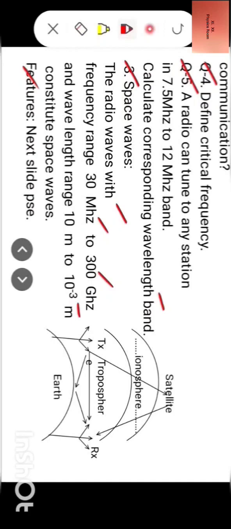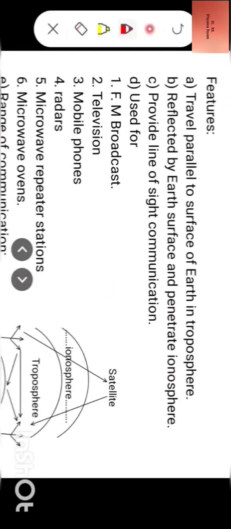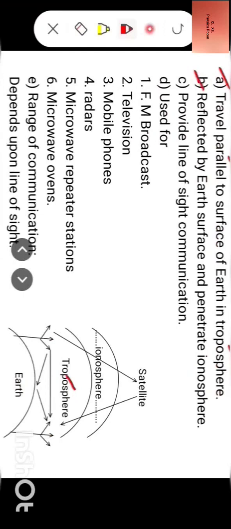Let us look at the next slide. Now features of space waves. A. Space waves travel parallel to the surface of Earth in the troposphere. B. Space waves are reflected by Earth's surface and penetrate the ionosphere.